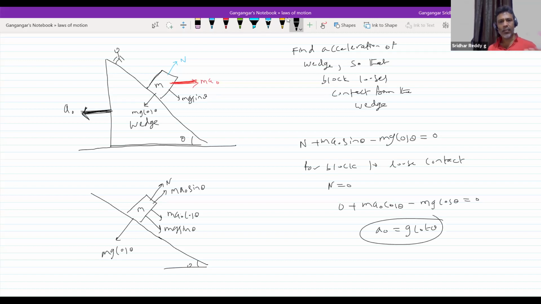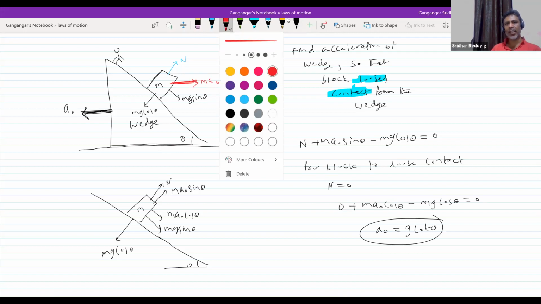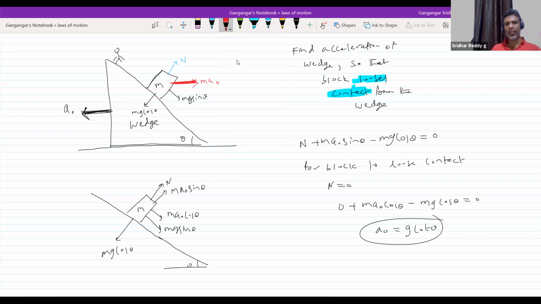So this is something you must get in a basic picture. What happens if it loses contact? No normal contact. What do you mean by normal contact? When two surfaces come in contact, there will be normal contact. If it loses contact, it means normal contact should be 0. So you have to be very careful about numericals related to this condition.